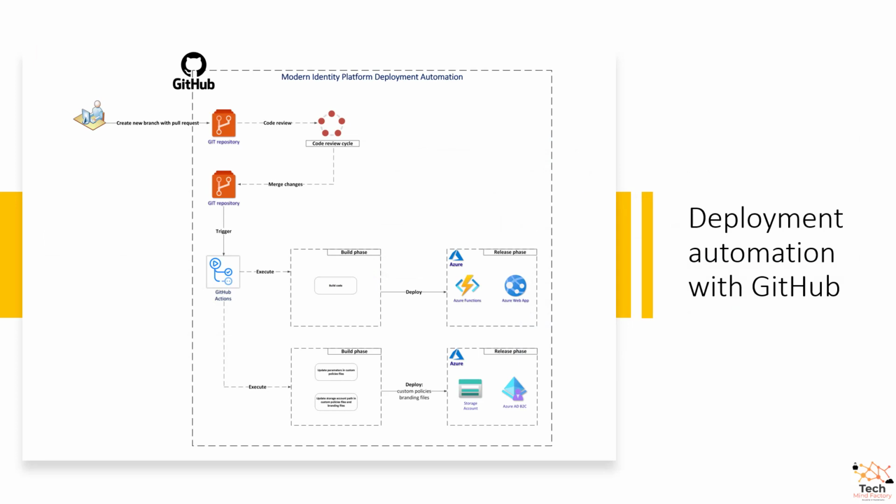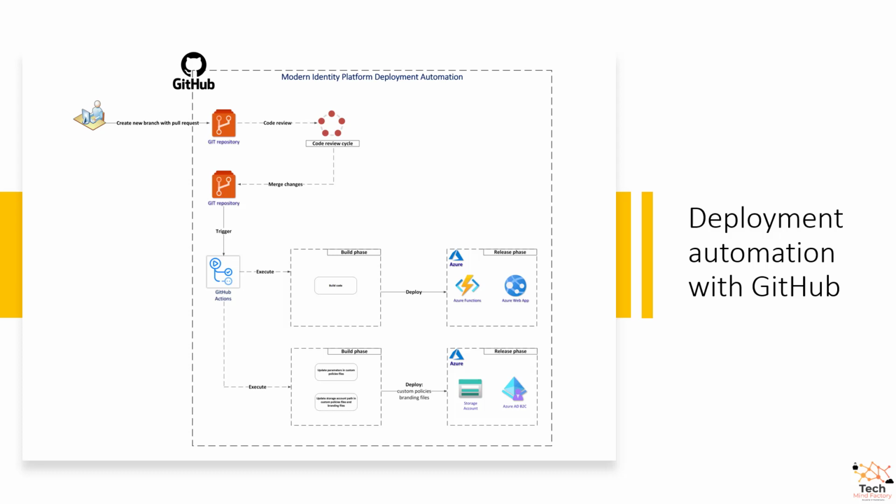And this is the deployment automation diagram. To make it really simple, as you can see, I can create a new branch in my Git repository. I can work on the code. Then there is a code review. I can merge those changes to the develop branch, master branch. It depends how many environments you would like to support. And then the GitHub Actions workflow is triggered. I'm building those packages.